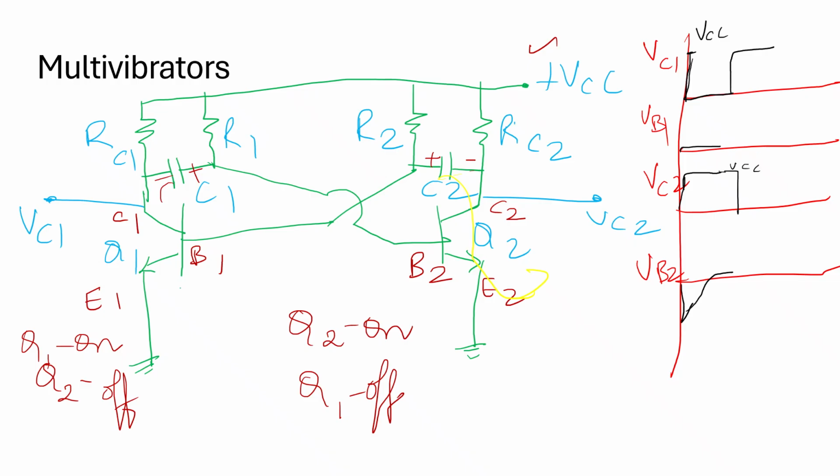VC1 goes from 0 to plus VCC again, and VB1 goes to minimum value and discharges, and VB2 is minimum. These are the key waveforms of an astable multivibrator during this state.